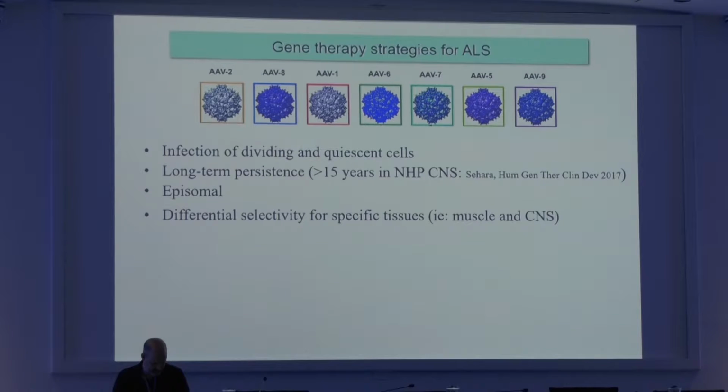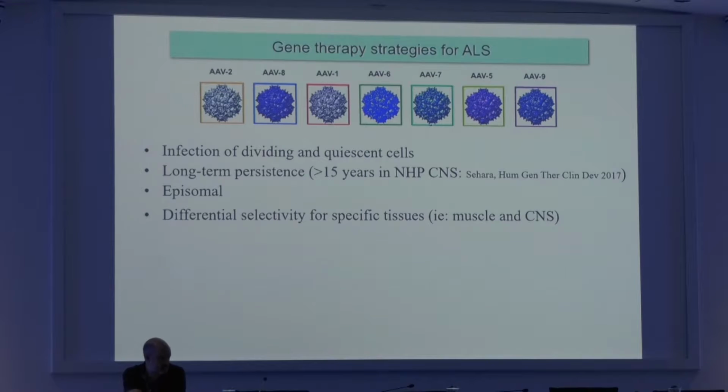So in order to set up a gene therapy strategy for amyotrophic lateral sclerosis, we chose the adeno-associated vectors that have been demonstrated to be efficient and safe in preclinical and also in gene therapy clinical trials.